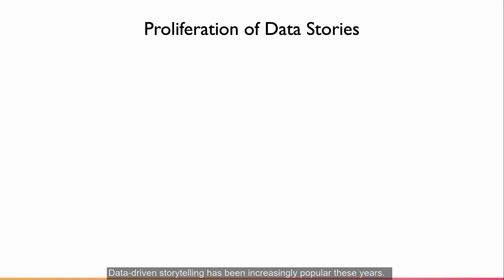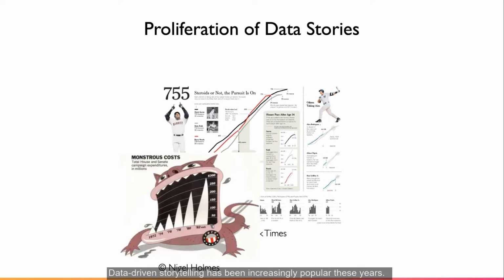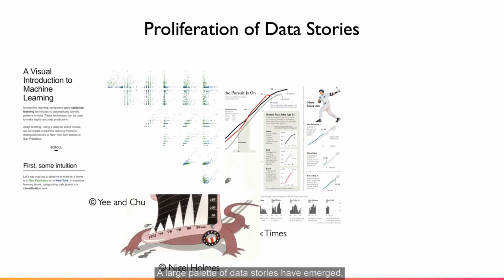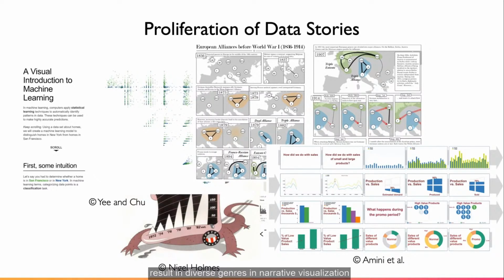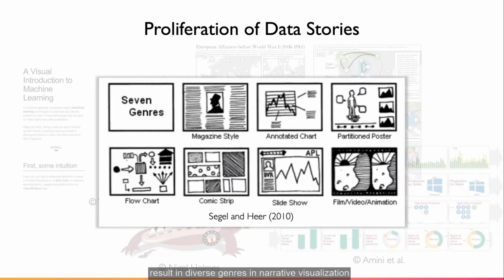Data-driven storytelling has been increasingly popular these years. A large palette of data stories have emerged and result in diverse genres in narrative visualization, such as infographics, comics, and videos.